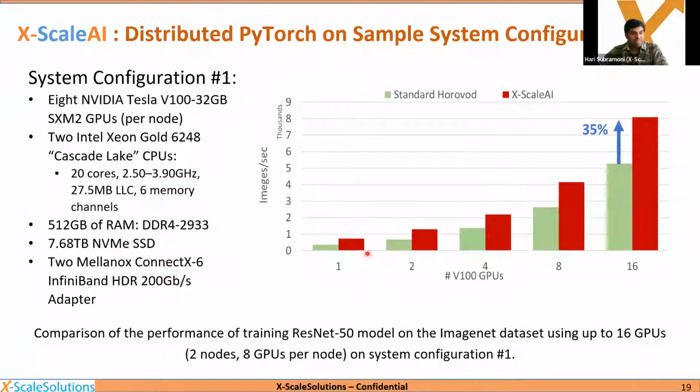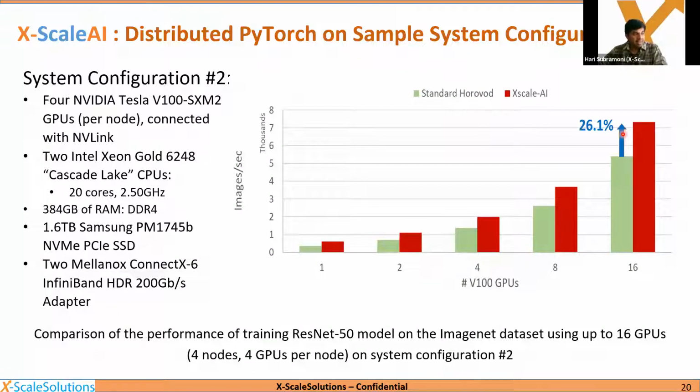What we can see is that as the scale increases, even from small scale to 16 nodes, we are able to consistently provide improvements in performance over the standard Horovod that gets shipped with PyTorch or what you download from the website. Just by using this, you get 35% improvement in performance out of the box on small or very large systems.